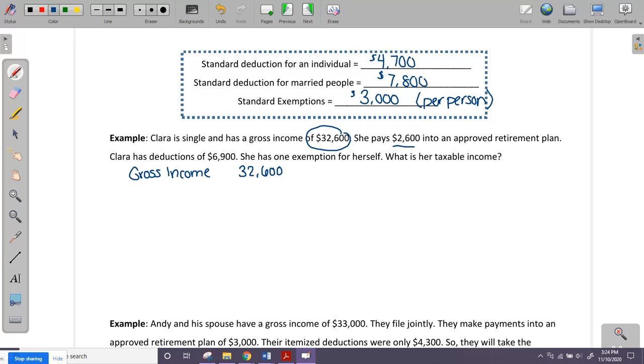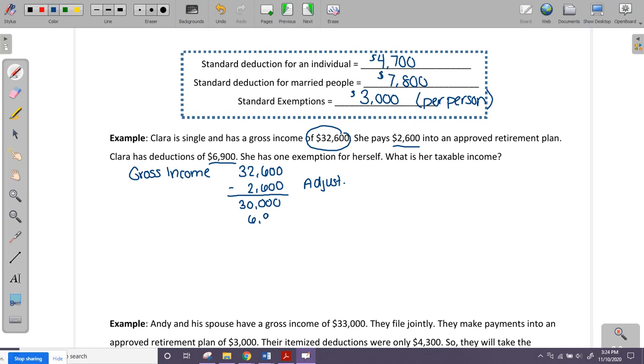So we had an approved retirement plan of $2,600. So our adjustments we can subtract from our gross income. When we subtract this out, we get $30,000.